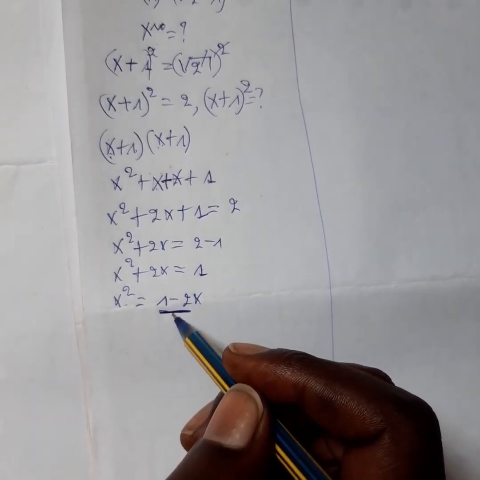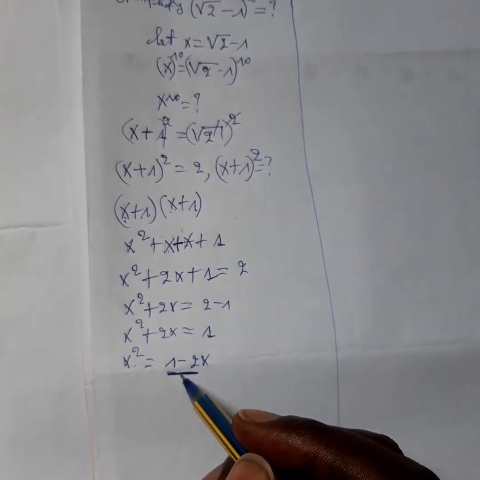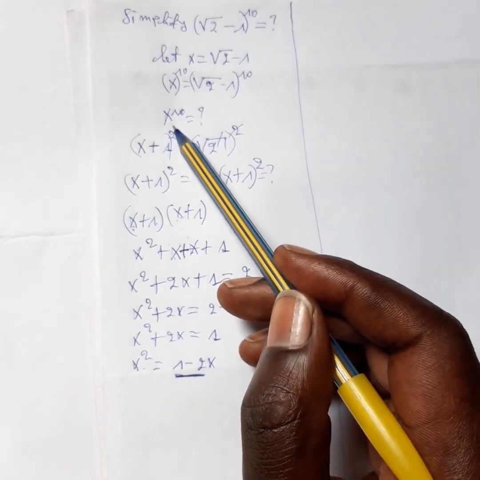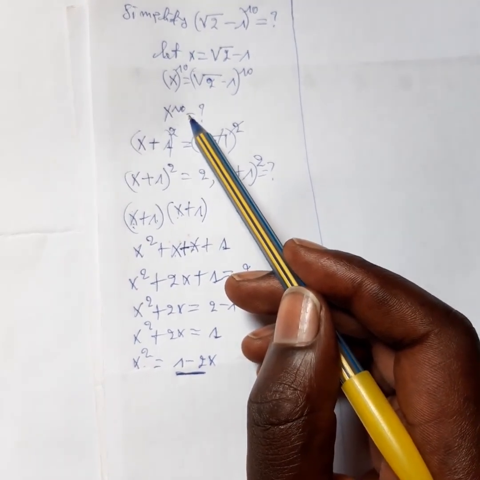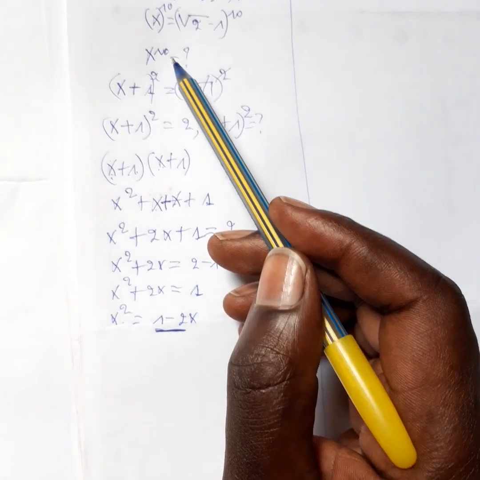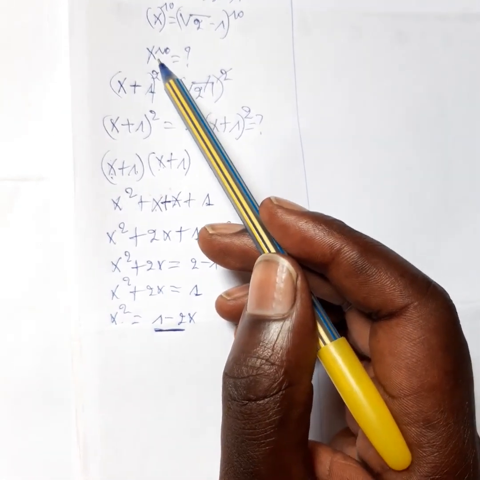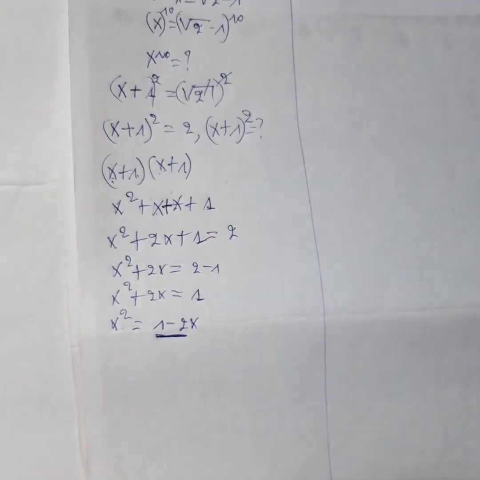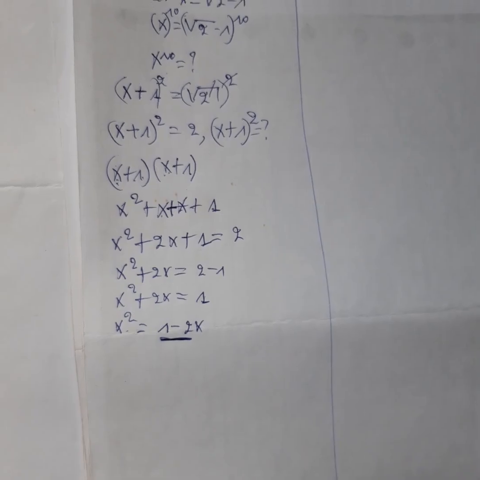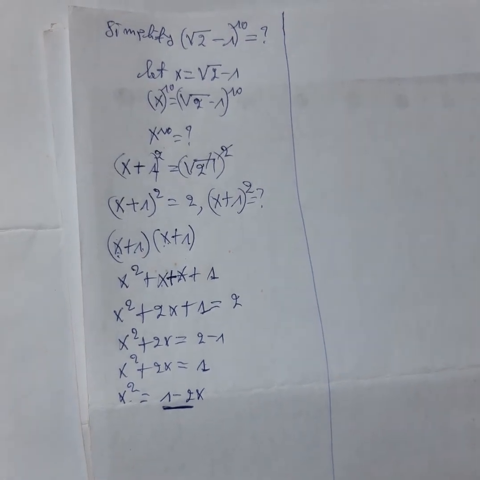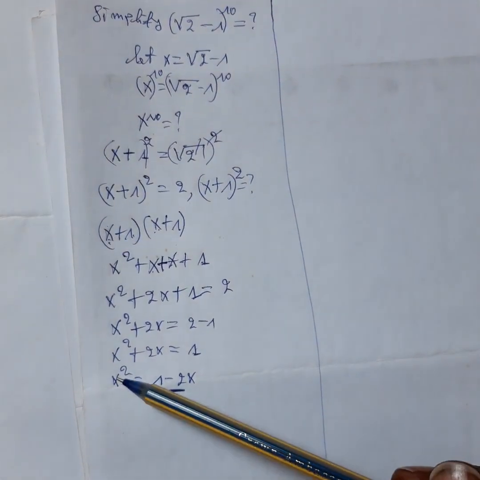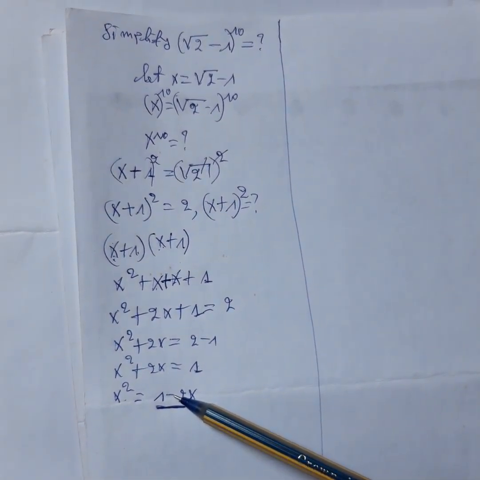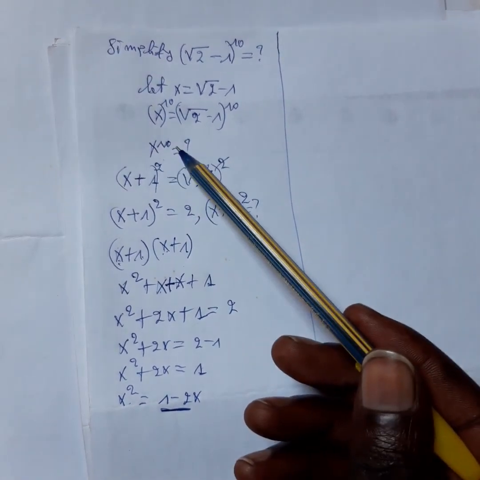Then remember we are determining the value of x to the power 10. We are trying to get to x to the power 10, so we are going to square both sides, because we are working to get x to the power 10.